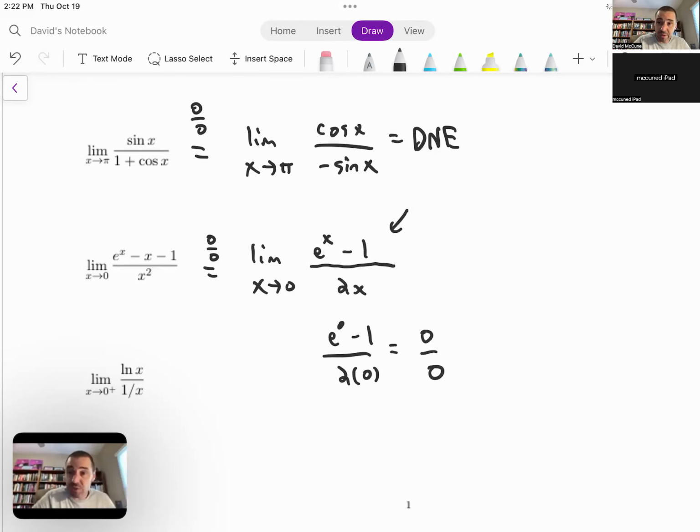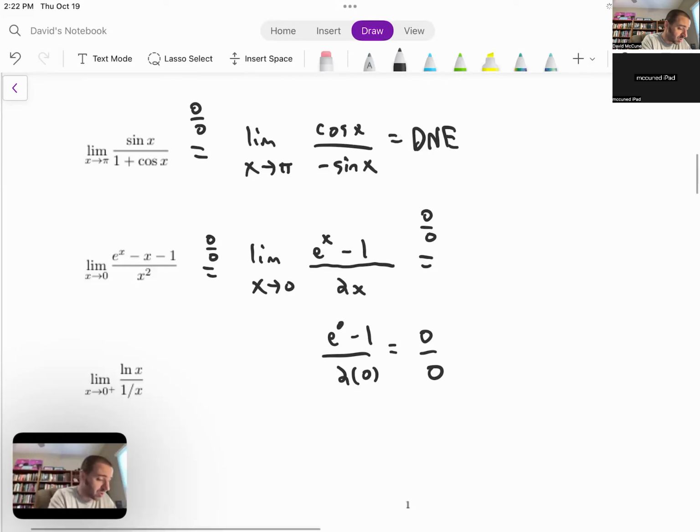No more x squared, no more free-floating x, that minus x. And by the way, with L'Hopital's rule, there's no rule against using it again. So this limit here also has form 0 over 0. And whenever you have 0 over 0, you can use L'Hopital's rule and see what happens. So let's take derivatives again.